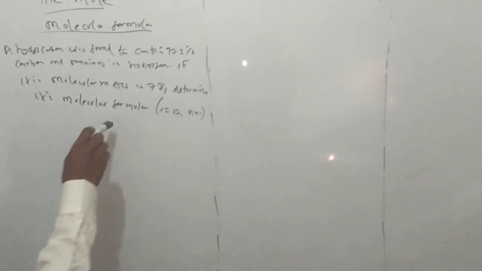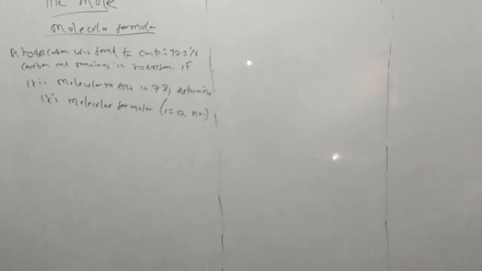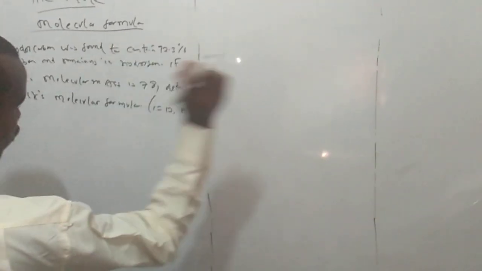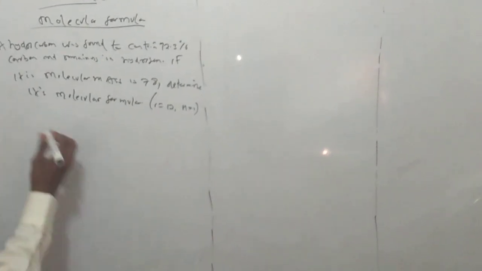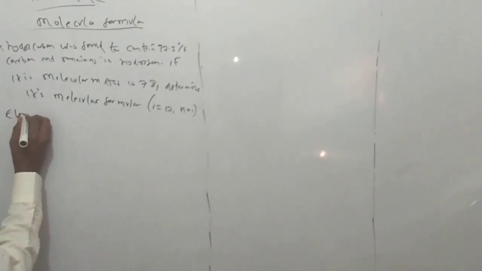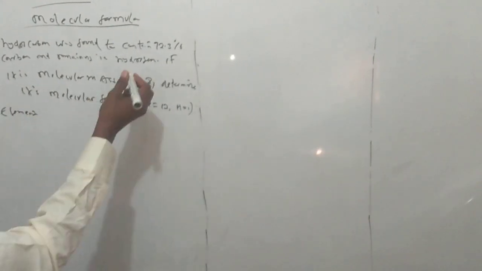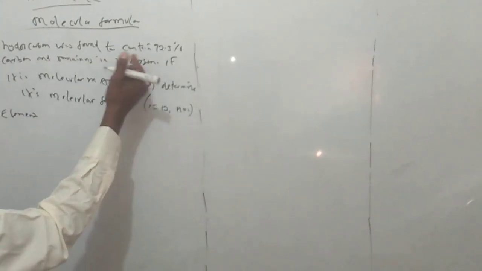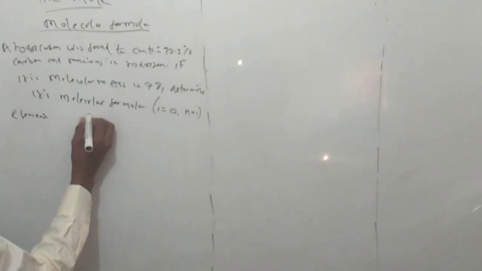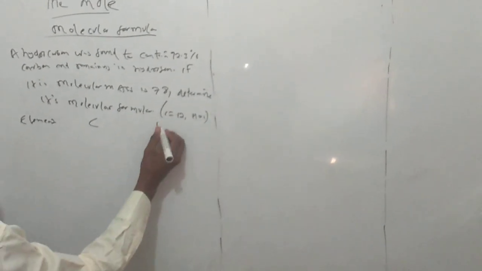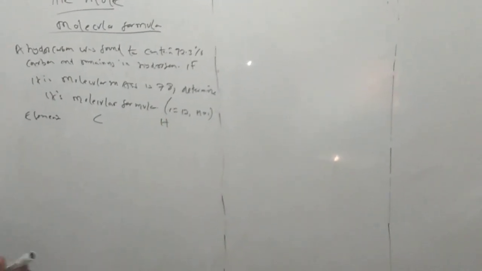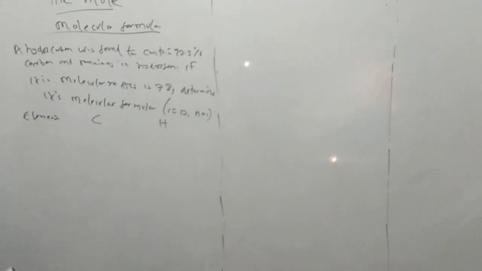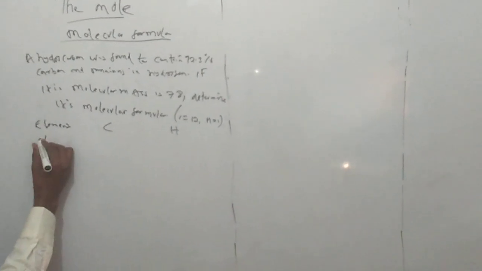For us to know the molecular formula, you first calculate the empirical formula. The same procedure. We have the element. The elements here we have are carbon and hydrogen. Now we write the percentage composition.